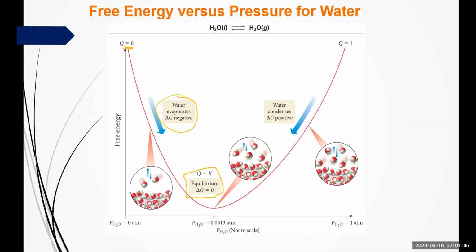Because we're at that balancing point when our Q is equal to our K. And then when our Q is big, right, that means we're on our product side. That means that we're favoring our products over our reactants. And so our delta G is going to be positive as it moves back in the opposite direction towards our K.